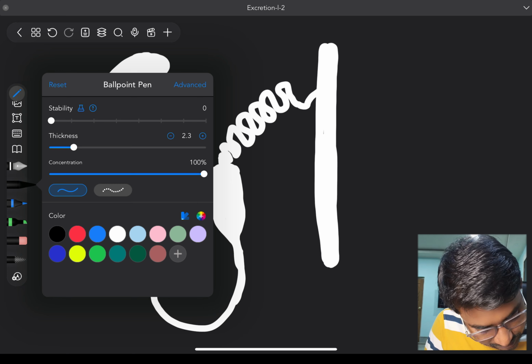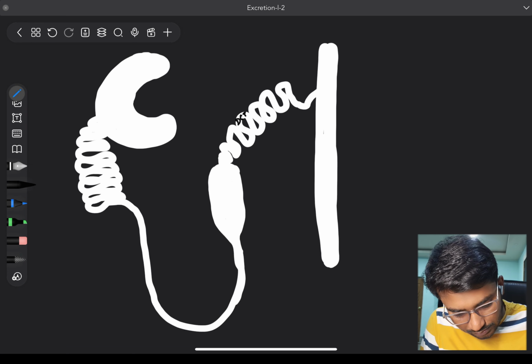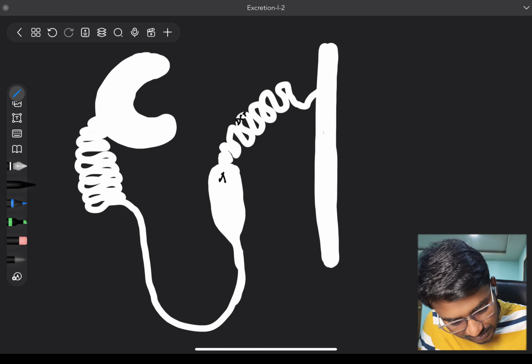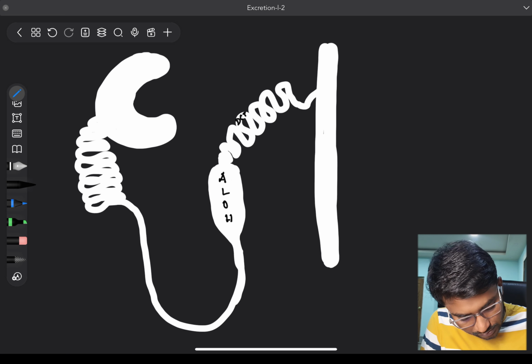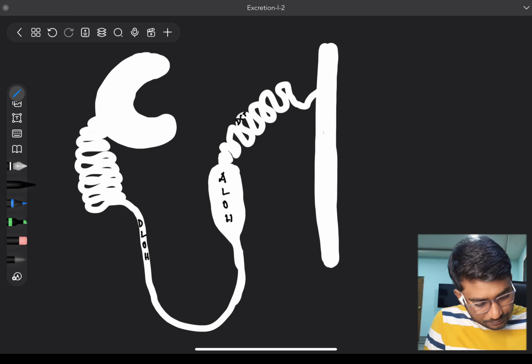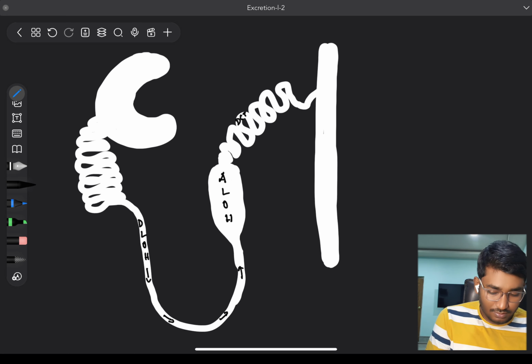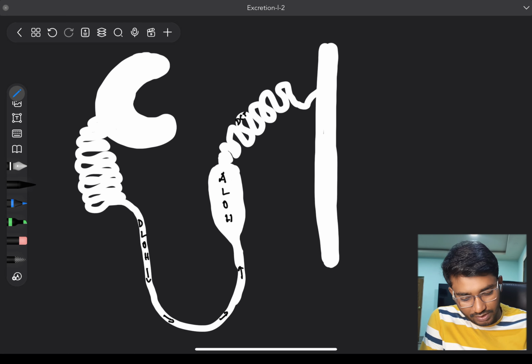Now, this is the ascending part of Henle's loop, ALOH. And this is the descending part of Henle's loop. Now, the arrow is the movement of the solutes.